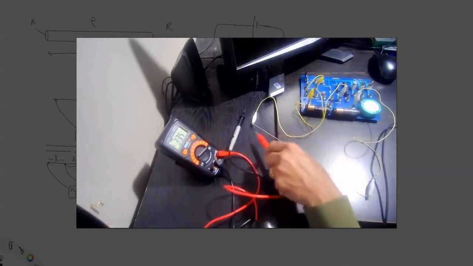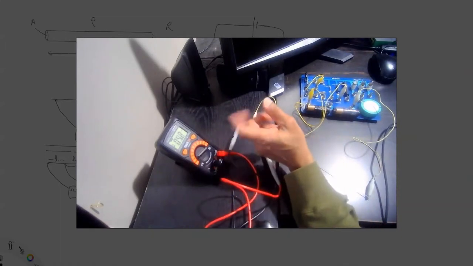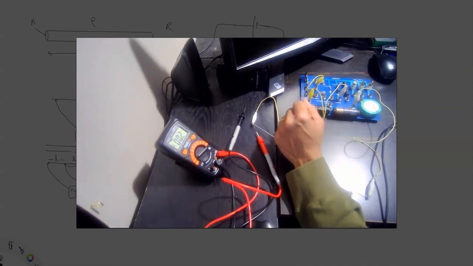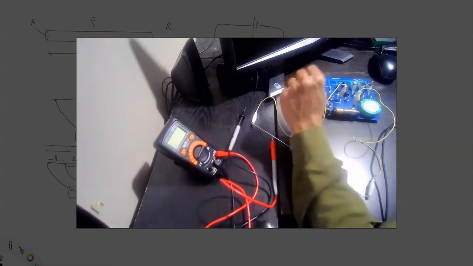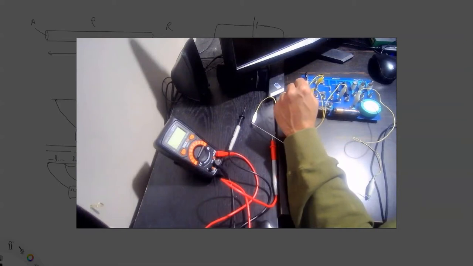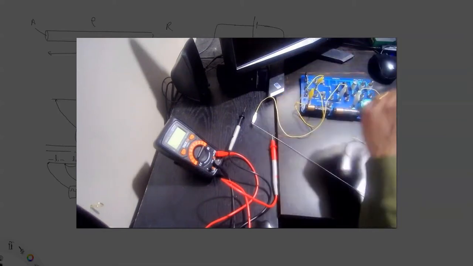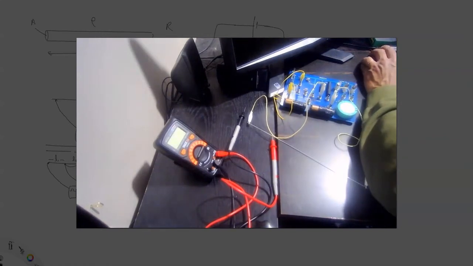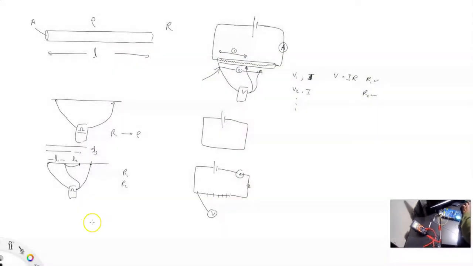Okay, you won't be able to see the numbers. It's changing fast. It doesn't record that fast. So therefore, I already have the numbers recorded in the table. I'm going to give you the answers. Alright, so let's go back to the board.